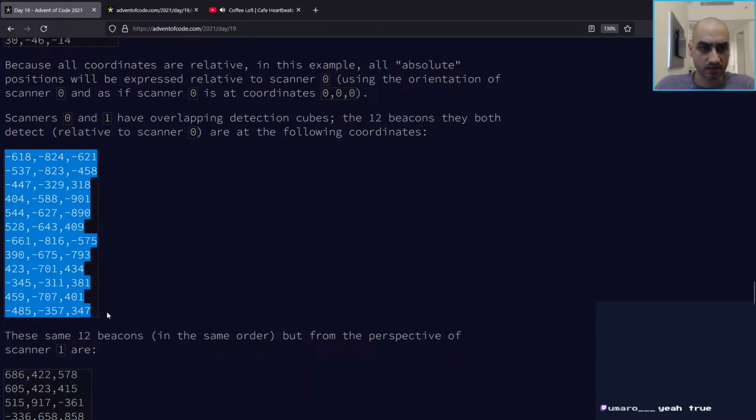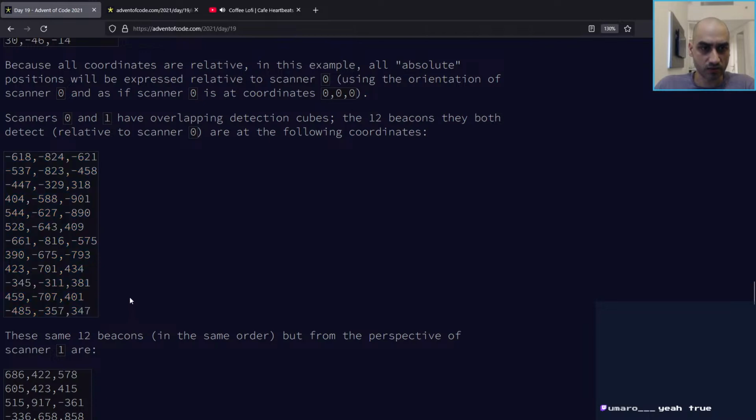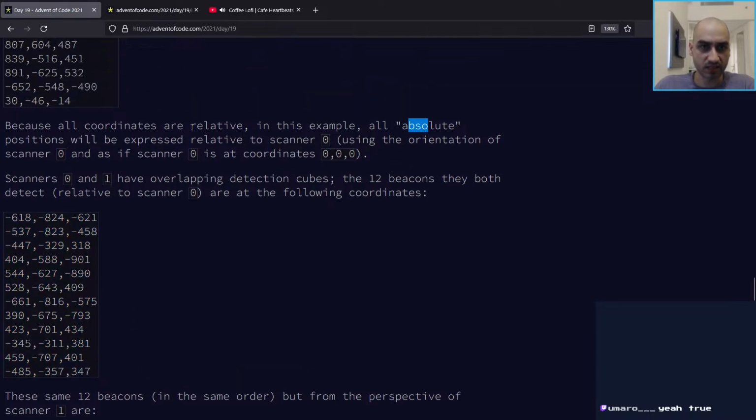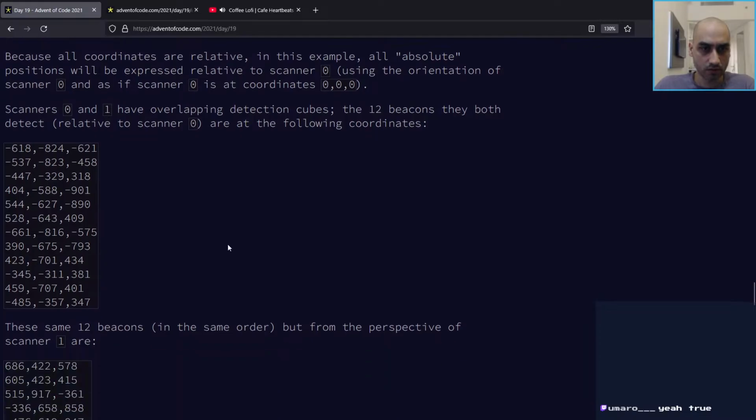I don't see these in scanner 0's. So we're taking absolute here to mean relative to scanner 0. I guess with distance matrices.